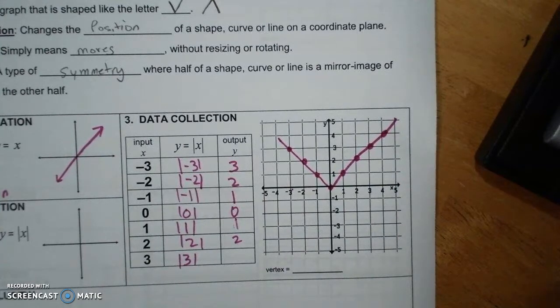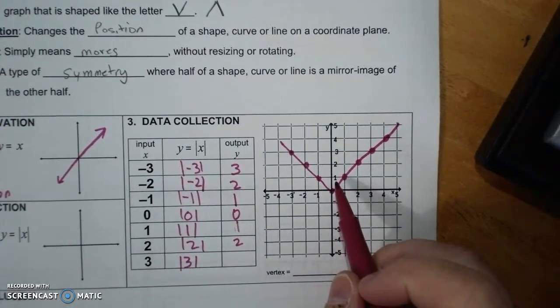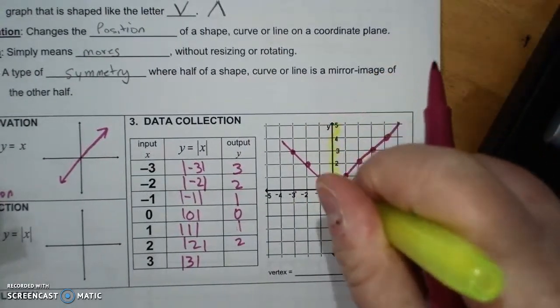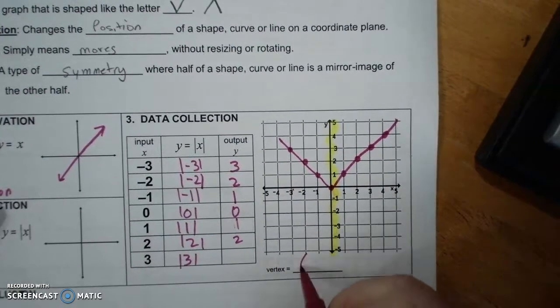You also have a vertex, and a vertex, remember, is the common point shared by both halves. So if this is your line of symmetry, the point that is part of both halves is (0, 0).